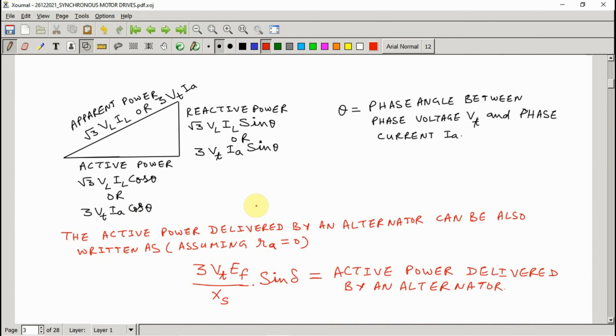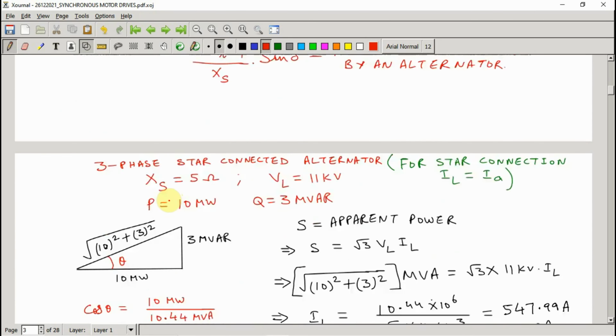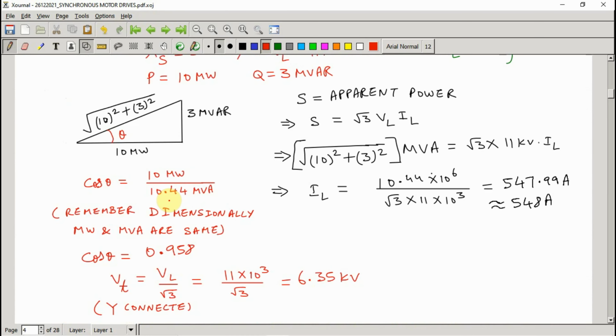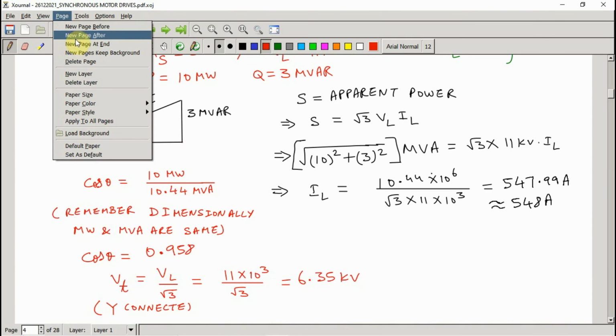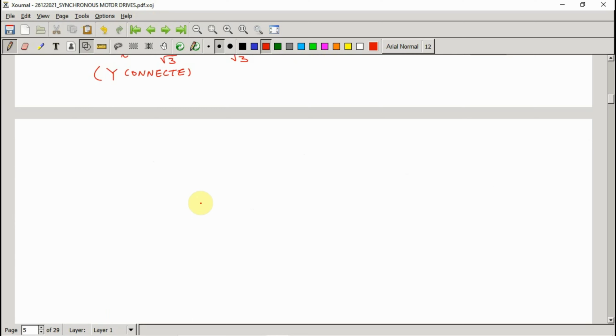And another active power expression is 3 Vt Ia cos theta. So let us equate these.